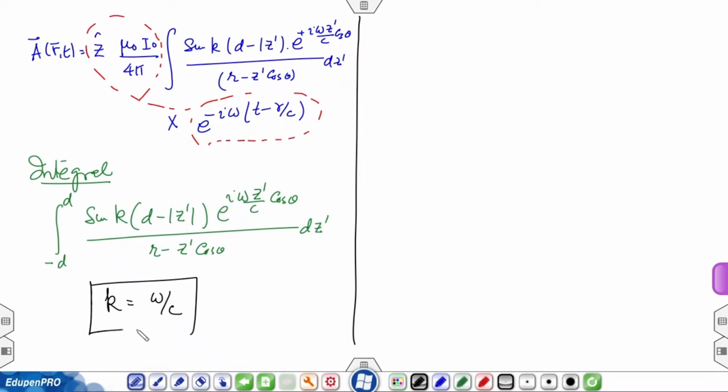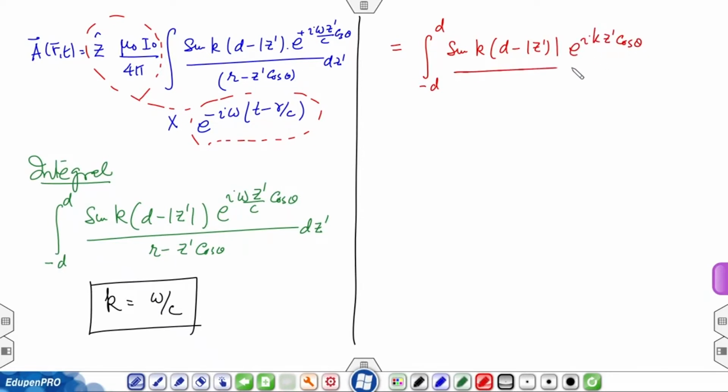So, I can replace omega over c everywhere by this k and take the binomial expansion of 1 over r minus z prime cosine theta to write this as equal to, I am still focusing on the integral, minus d to d sine k d minus mod z prime e raised to I k z prime cosine theta divided by r, and then I multiply by binomial expansion 1 plus z prime over r cosine of theta dz prime.